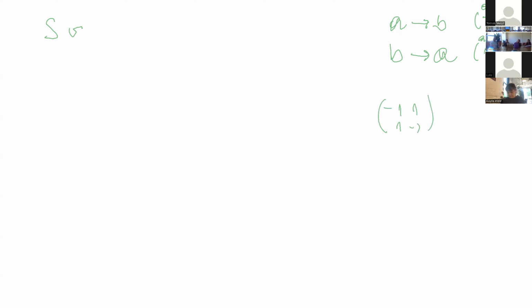If we multiply it by a vector (x, y), this is the process vector, and this is the stoichiometric matrix, we get (-x + y, x - y).